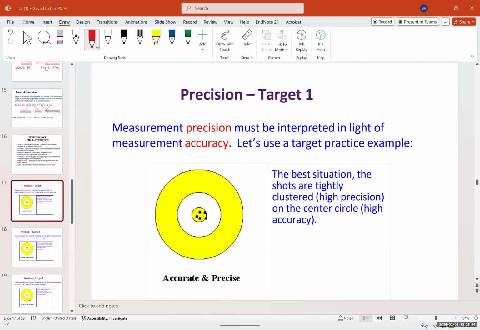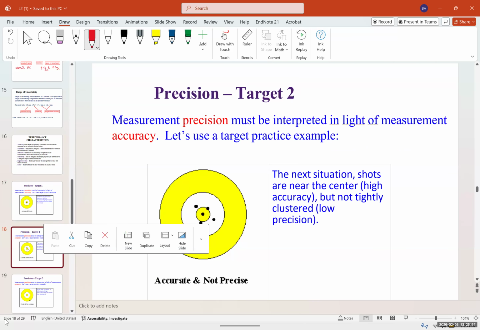Measurement of precision must be interpreted in light of measurement of accuracy. Let's use target practice as the example. In the best situation, the shots are tightly clustered, high precision, on the center circle, which is highly accurate as well.